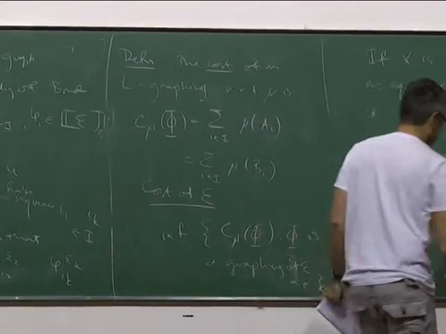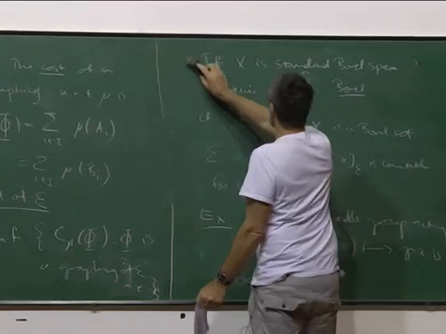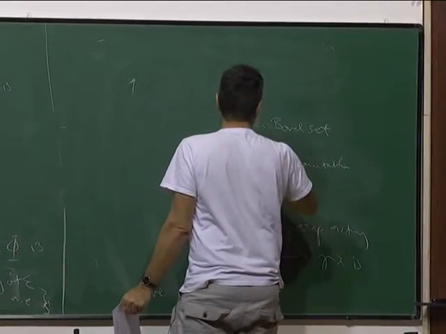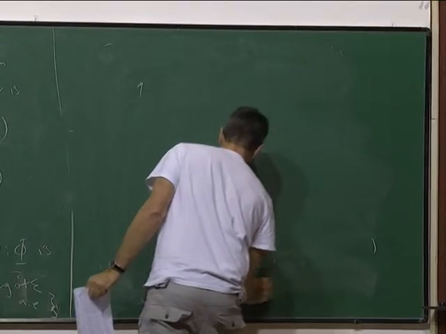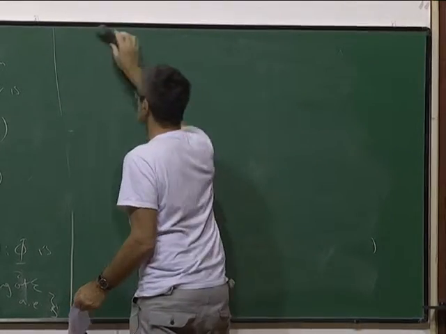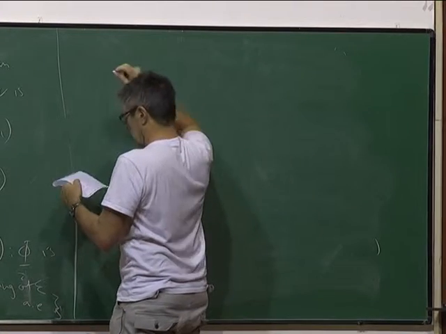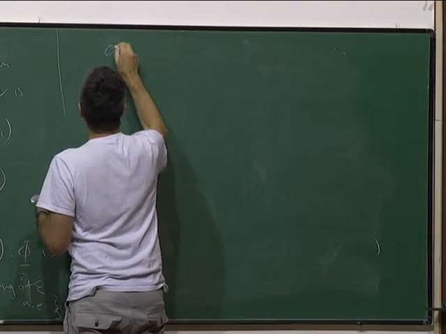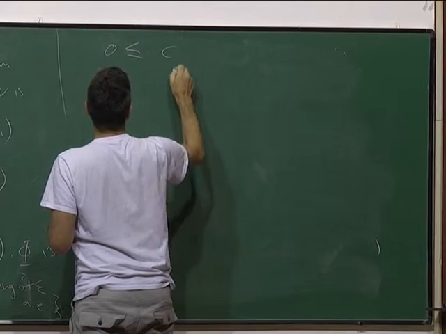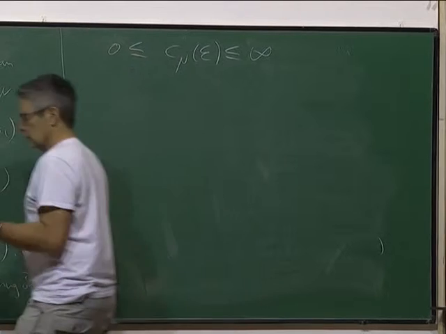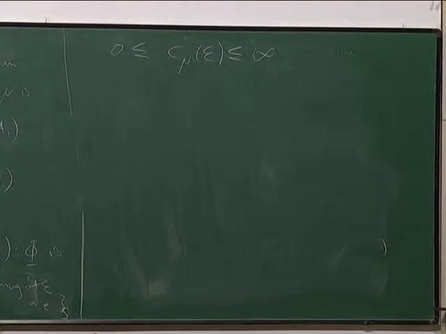So this notion was introduced by Levitt in 1995. And of course, it's some number between 0 and could be equal to infinity.